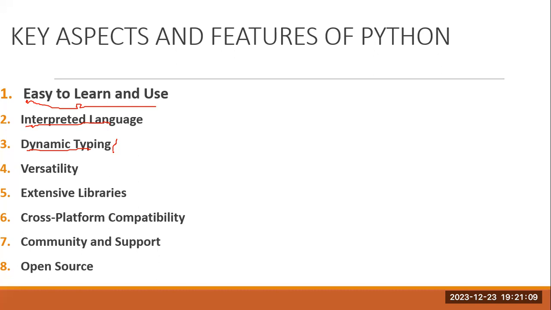Such types have to be described and defined before using that variable. But in Python, you don't need to declare the types, so it is auto detected. It detects the type of the variable automatically.